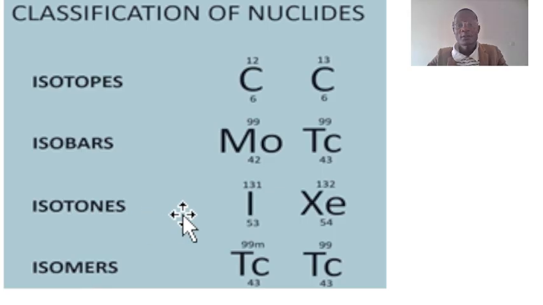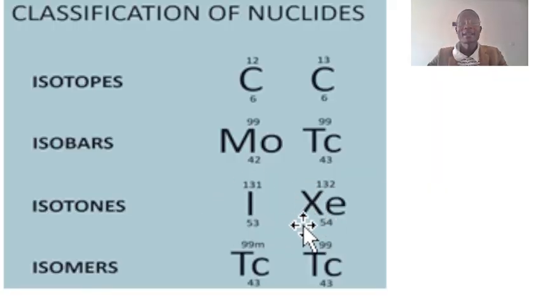Isotones are elements with the same neutron number but different proton number. These 2 elements here also are totally different elements. As much as they have the same neutron number, there is deviation in the proton number. Therefore, it becomes a totally different element.